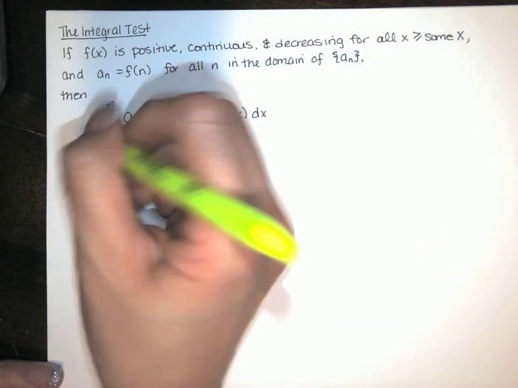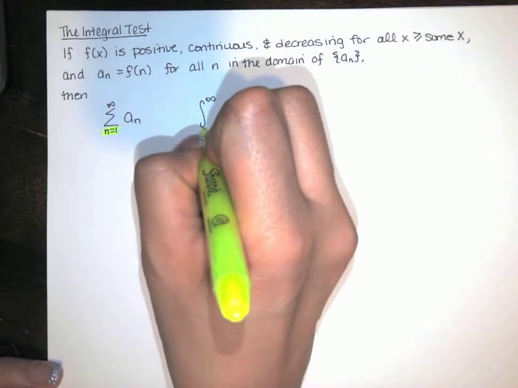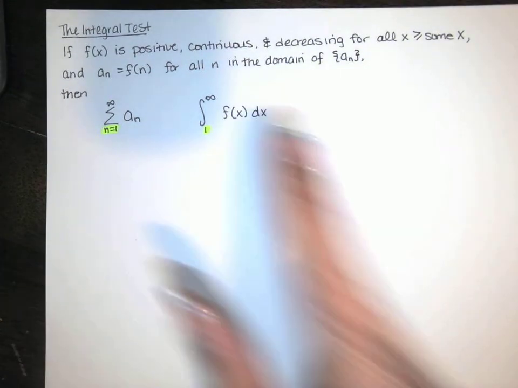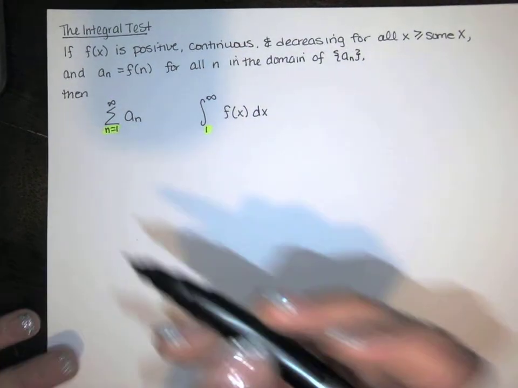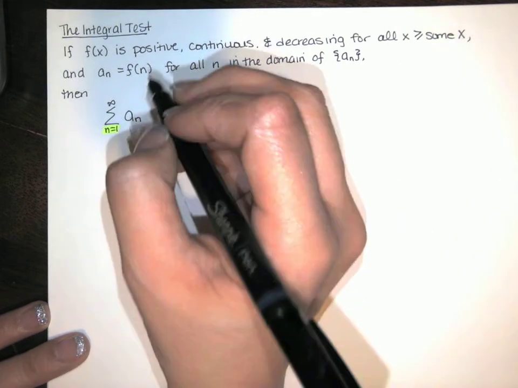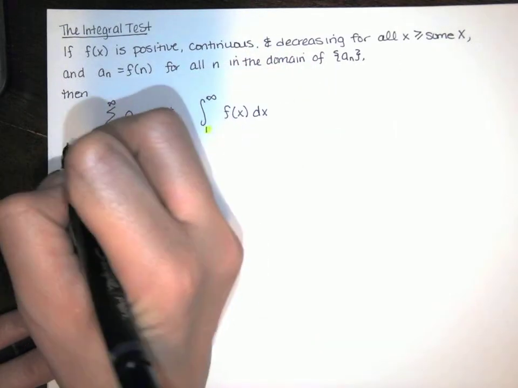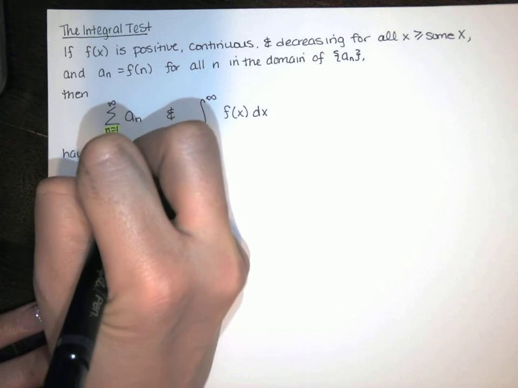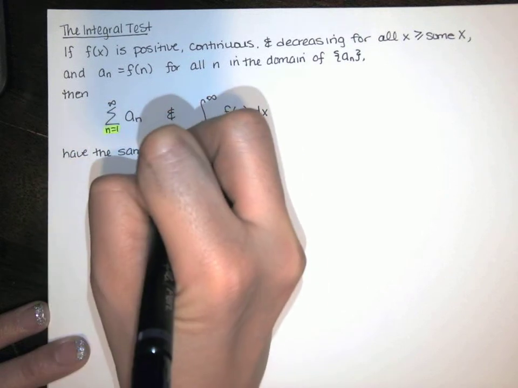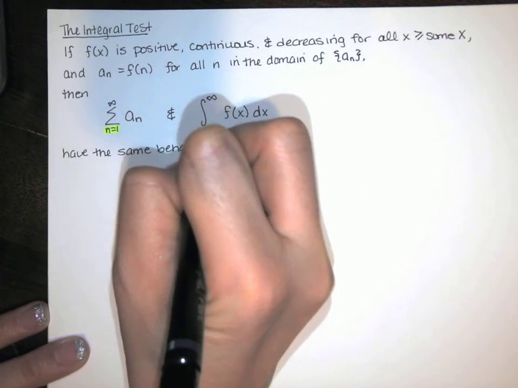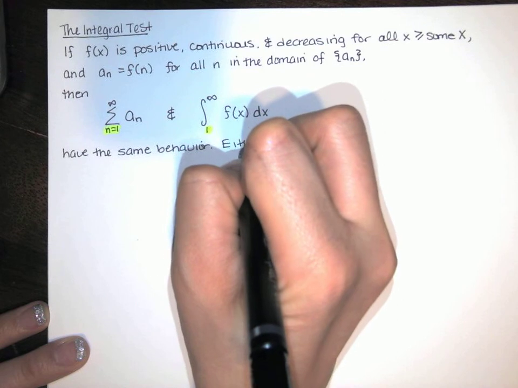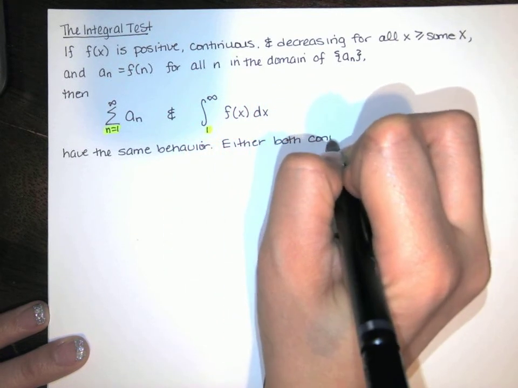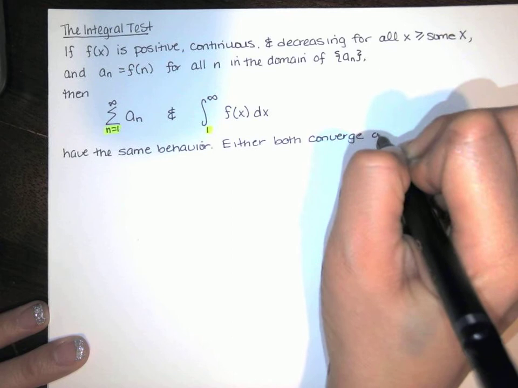Now, the value of the index over here and this lower limit are the same. So if the n started at 2 here, I would start my integral at 2 here. So we said this series and this integral, improper integral, have the same behavior. Either both converge or both diverge.